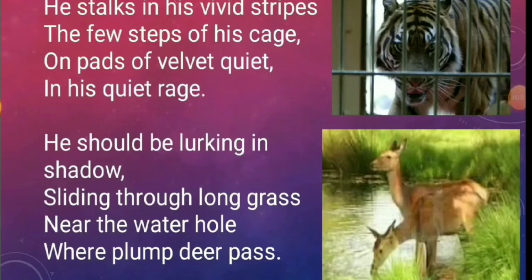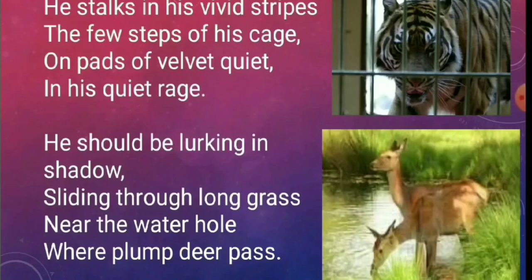He should be lurking in shadow, sliding through long grass, near the water hole where plump deer pass. In this stanza, the poet says that if this tiger is free, he would have hidden himself behind the long grass near the water bodies so that he could easily catch a deer in order to have it as its food.